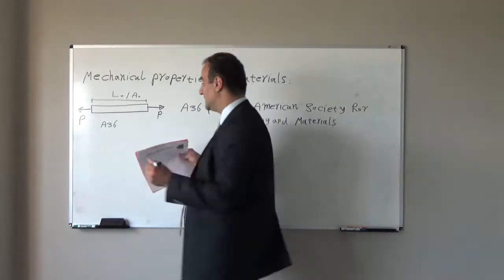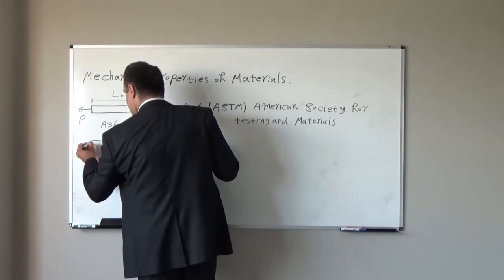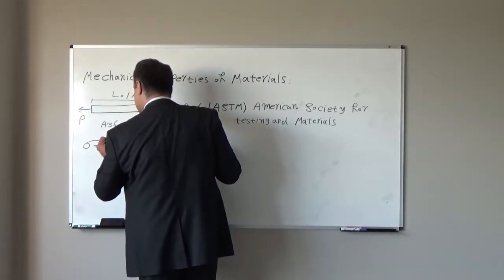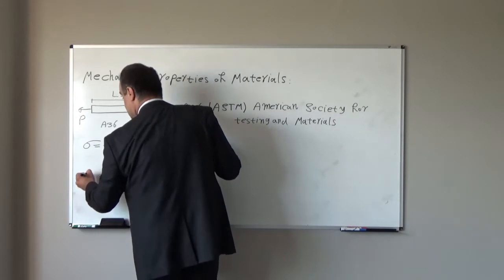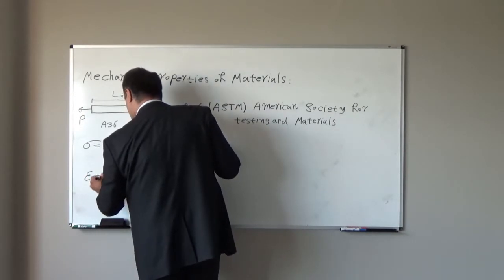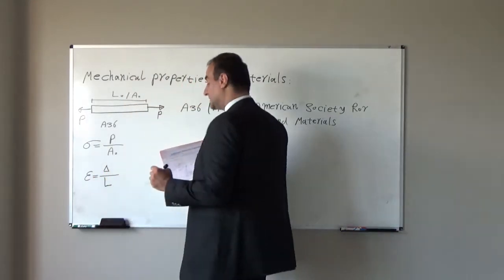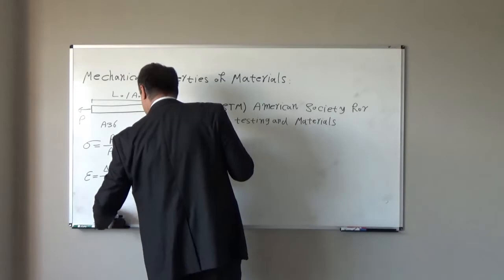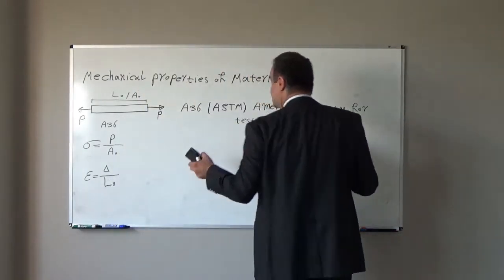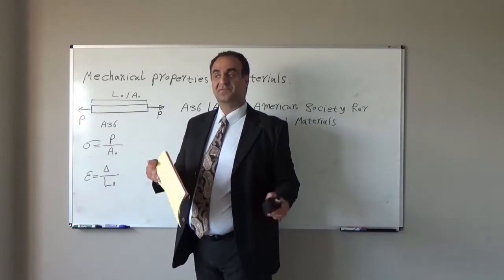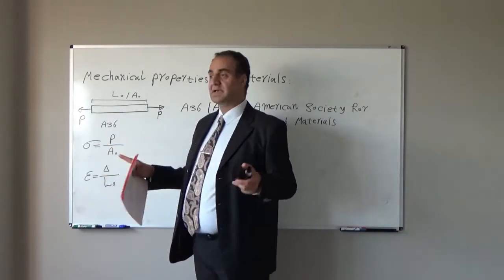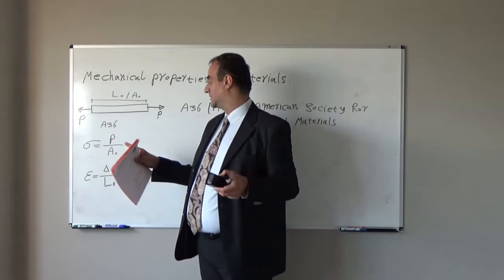and so on. So in each step I can define stress is equal to force divided by initial cross-sectional area, and strain is equal to deformation in that step divided by initial length. So in each step for P1, P2, P3, P4 and so on, I increase gradually.